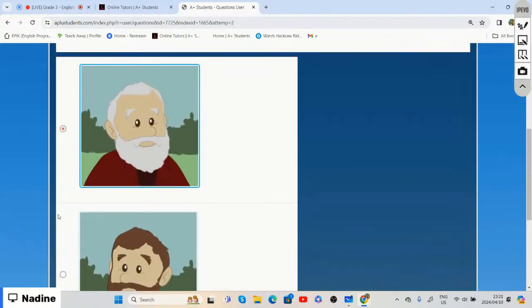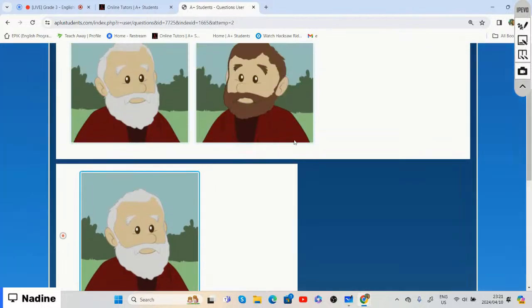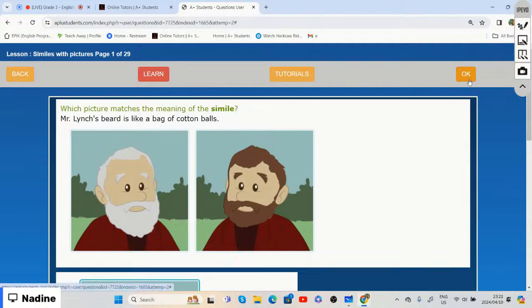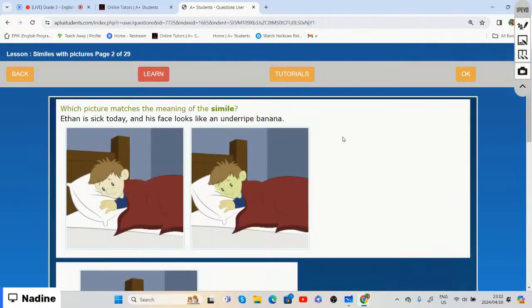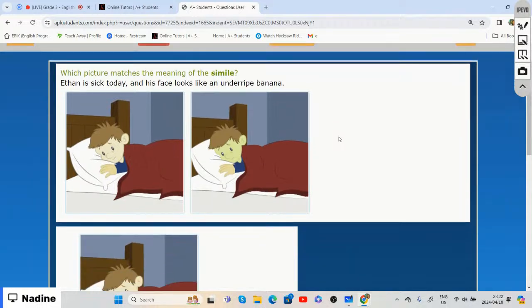Because the beard is being compared to a bag of cotton wool. Usually cotton wool is white, we can say it is fluffy, soft. And this first person has a white beard, right? The first option is correct. So well done.